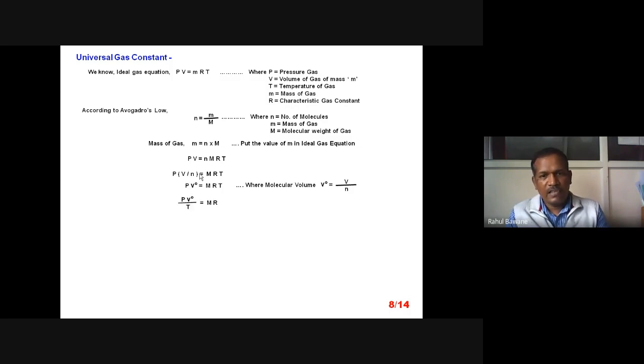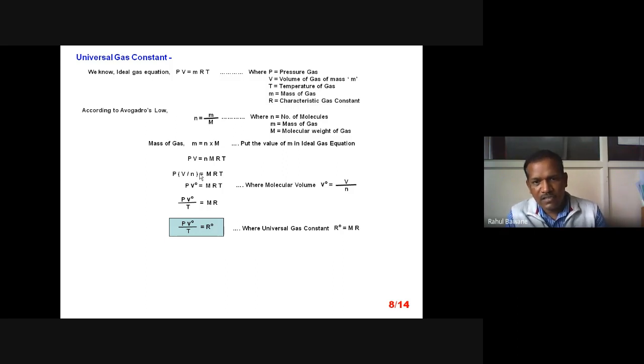Now our rearrangement says that PV0 upon T is nothing but MR, the molecular weight of that gas times the characteristic gas constant. And this product of molecular weight of that particular gas and characteristic gas constant is known as the universal gas constant, R raised to the power 0, that is R0.